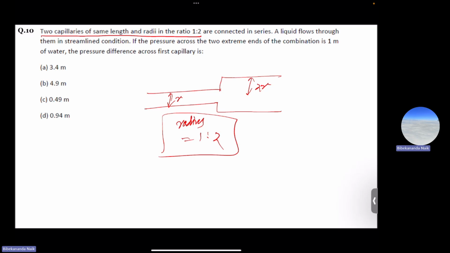Now the pressure across the two extreme ends is 1 meter for streamlined condition. And what will be the pressure difference across the first capillary? So from here to here, what will be the difference?